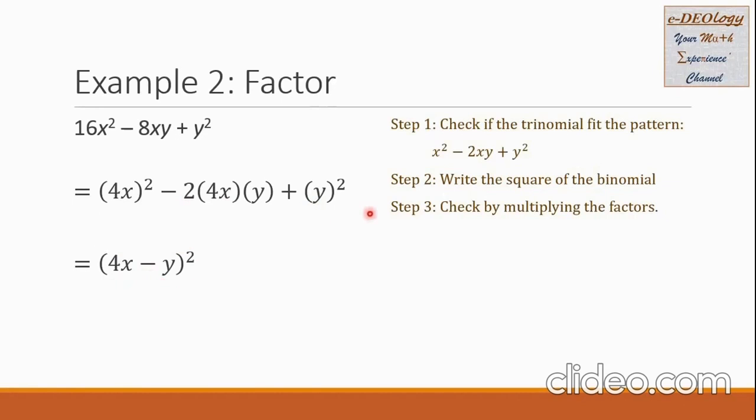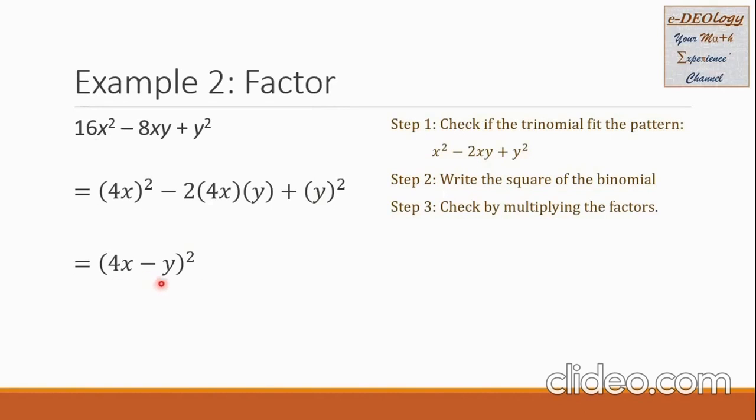Going to step 3, I will check my answer if it is correct by multiplying the factors. Or I can say that I will expand my binomial. If I do that, it will come to this pattern. So if I square 4x, it will give me 16x squared, and that will be the first term of the trinomial up here.